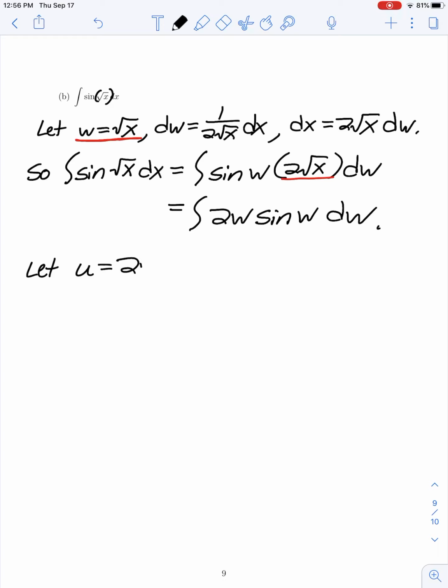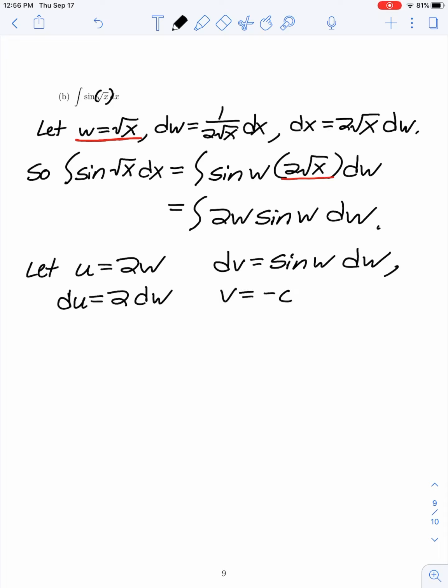So here I will choose u as the polynomial part of my function, 2w, and dv is then sine of w dw. So calculating du, I would have 2 dw, and v would be the antiderivative of sine w, which is negative cosine w.